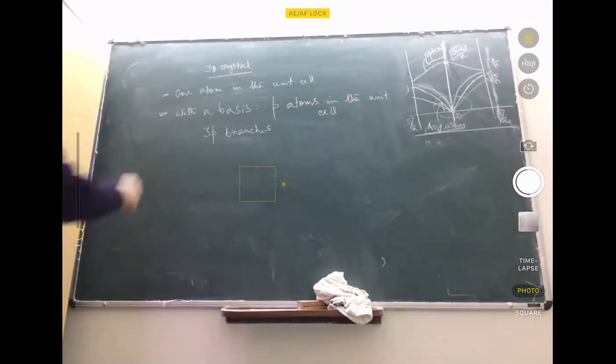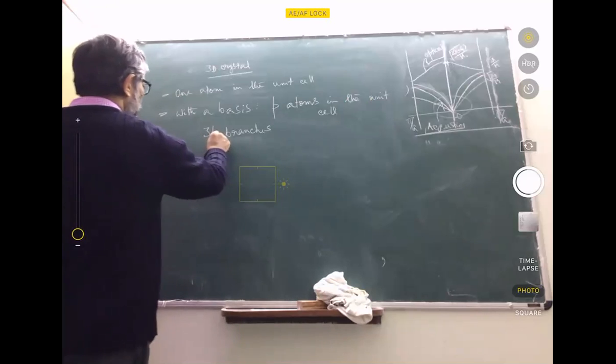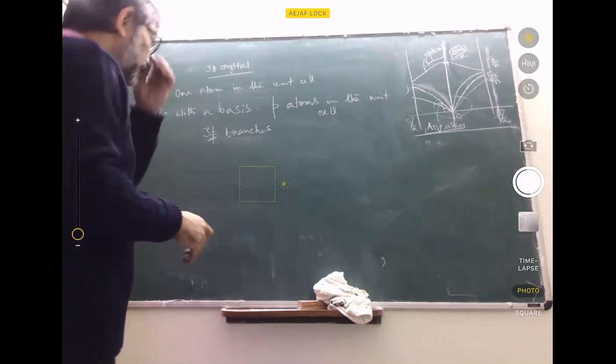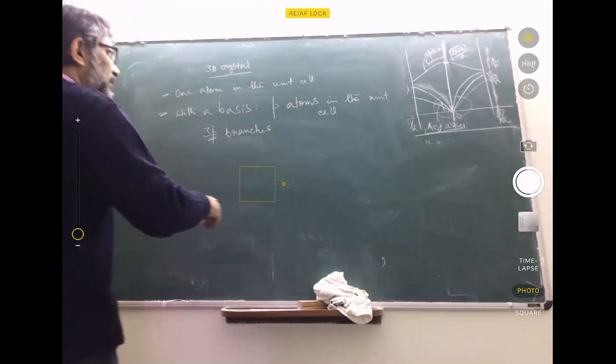I think last time there was a mix-up of notation, so what I wrote as capital N may confuse you with the number of unit cells in the crystal.